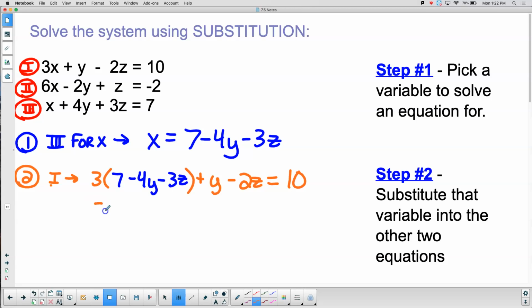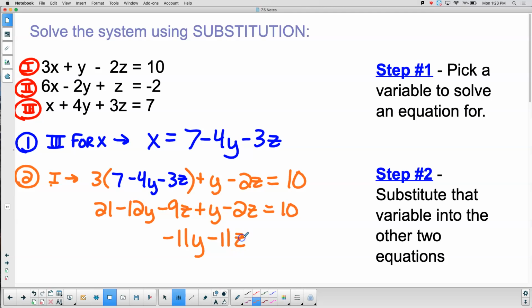So that's 21 minus 12y minus 9z plus y minus 2z equals 10. So that becomes negative 11y minus 11z equals negative 11. And I'm going to call that equation number 4.